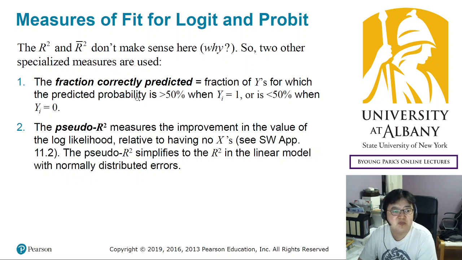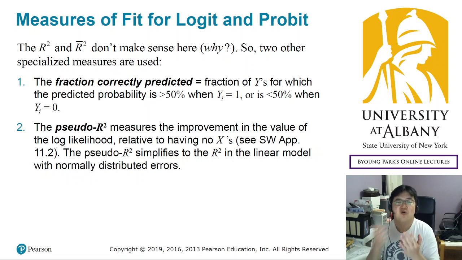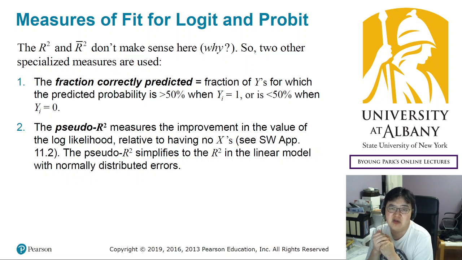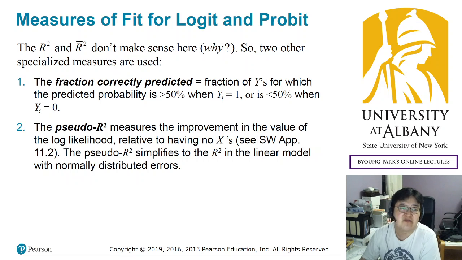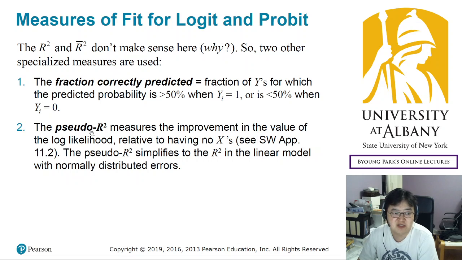If the predicted probability is greater than 50%, then you correctly predicted. Otherwise, not. And then you compare how many of the actual observations you correctly predicted. So counting the fraction is another way to measure the fit, how the model fits the data. Alternatively, you may use pseudo R squared.